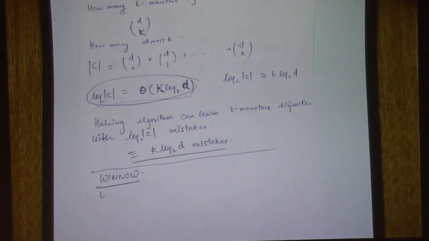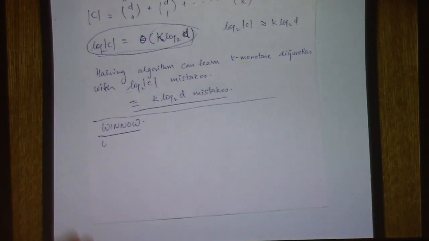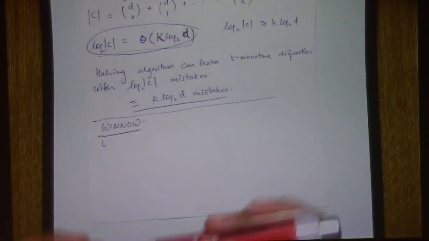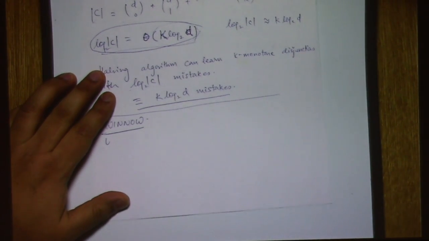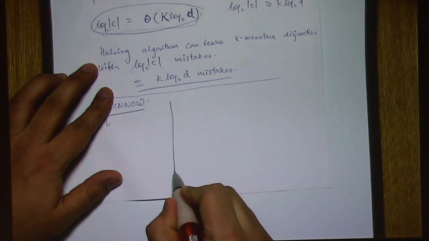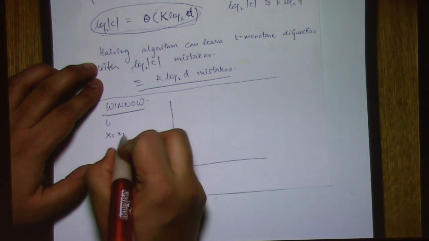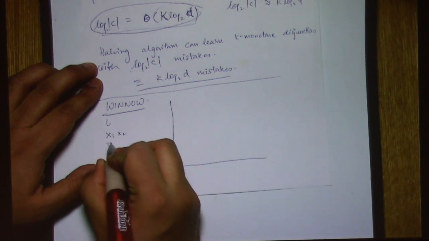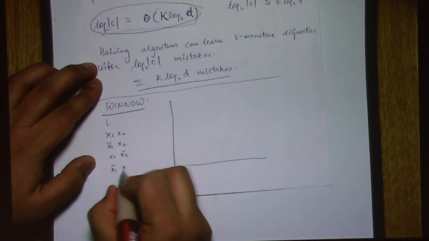This is very important even for the future. Let's say we are representing our data. Our data is x1, x2, x1, x2 bar, x1.